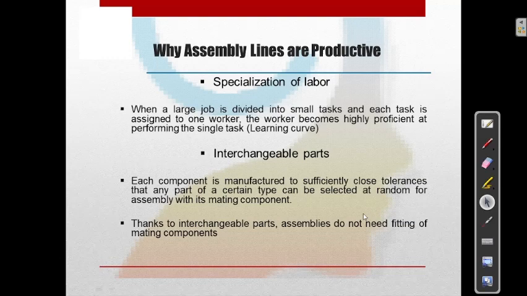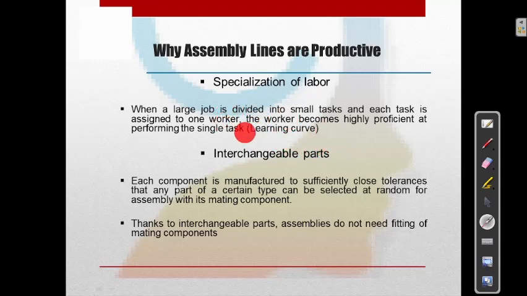Then why are assembly lines productive? The main cause is specialization of labor. When a large job is divided into small tasks and each task is assigned to one worker, the worker becomes highly proficient at performing a single task. That is the main point involved in the learning curve.